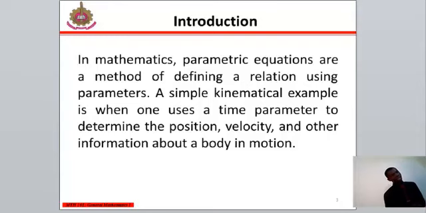Abstractly, a parametric equation defines a relation as a set of equations. It is therefore somewhat more accurately defined as a parametric representation. So what we are saying is that we use a set of equations to define a relation, and it is a part of regular parametric representation.